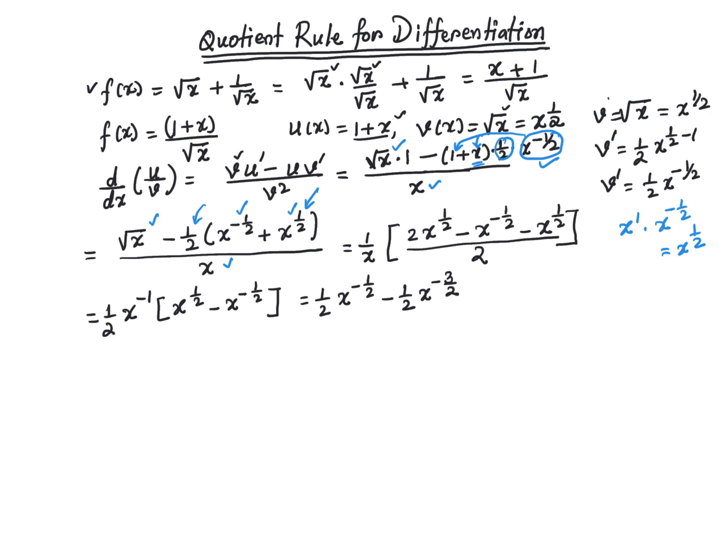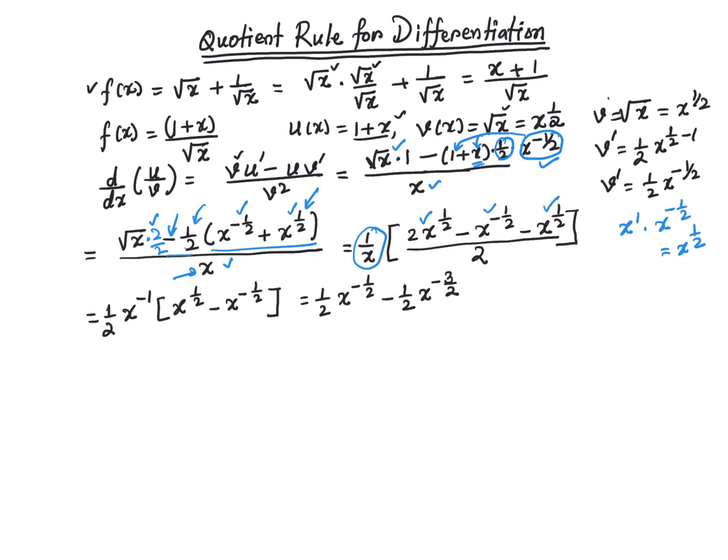Now in the next step, I'm going to bring this 1 over x. So this x is brought in front as 1 over x, and this 2, I multiply this by 2 and divide this by 2. Then I have a common denominator. Then I have 2x to the power 1/2 minus, distributing this negative inside this parenthesis, negative 1 times x to the power negative 1/2 minus x to the power 1/2.